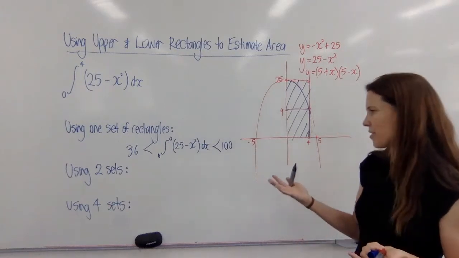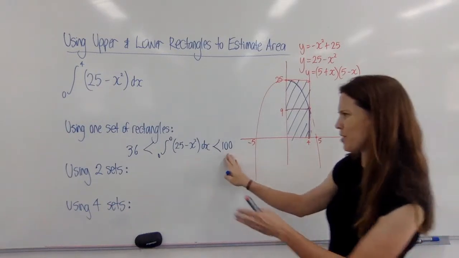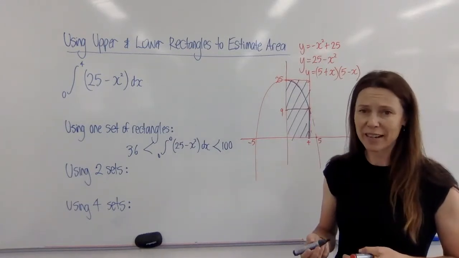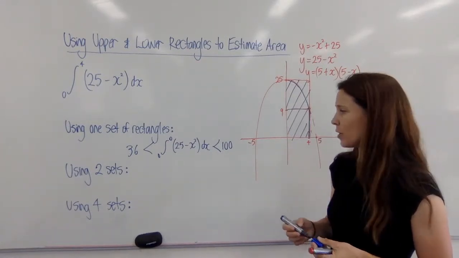So I've kind of narrowed it down, haven't I? I've said it's somewhere between 36 and 100. Well, that's not a great estimate, is it? I think we can really do a lot better than that.